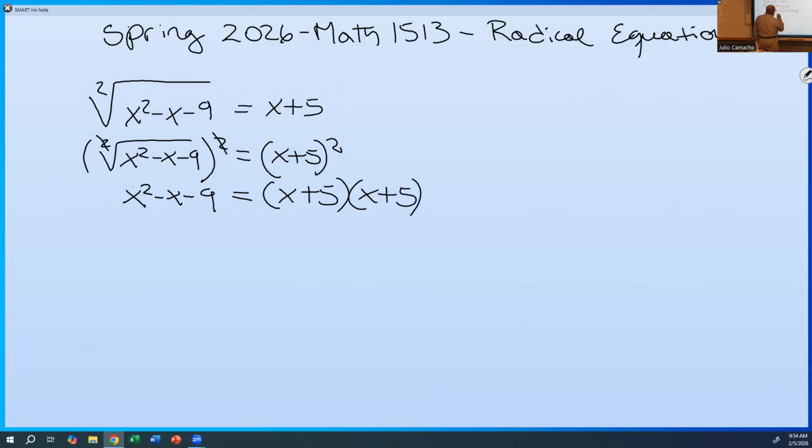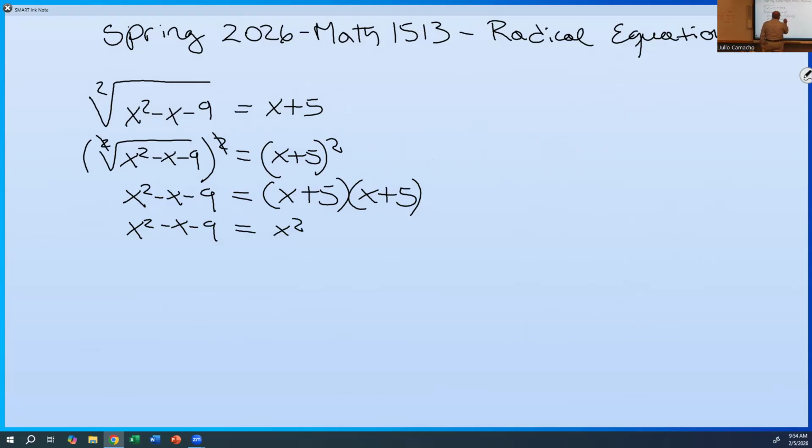Because that is equal to saying 5 to the second power is 5 times 5, the same thing we did here. You multiply twice the same number or the same algebraic expression. To solve this power, we have to FOIL. You have x squared minus x minus 9 is equal to x times x, which is x squared.